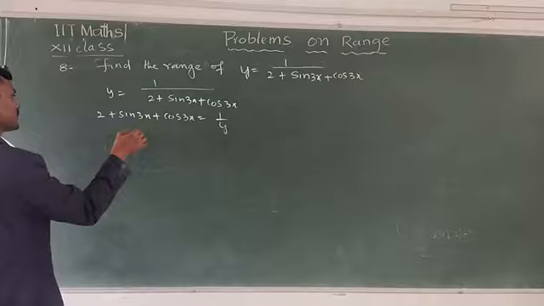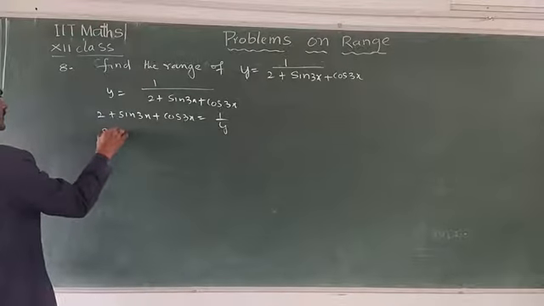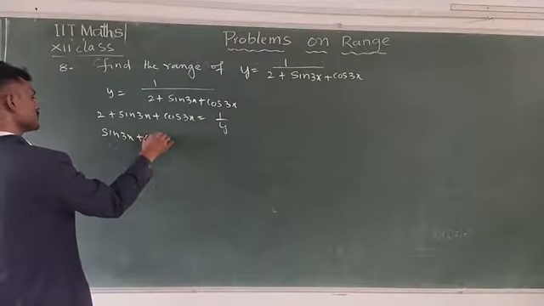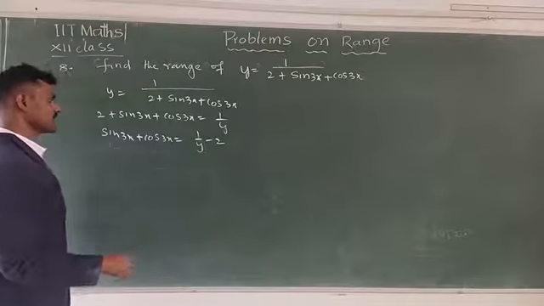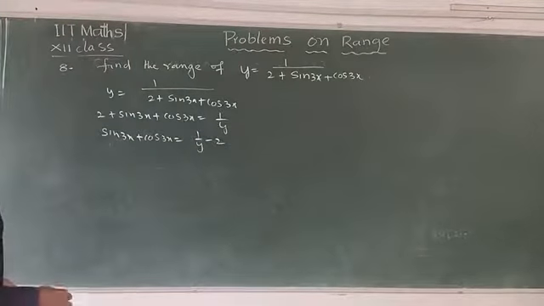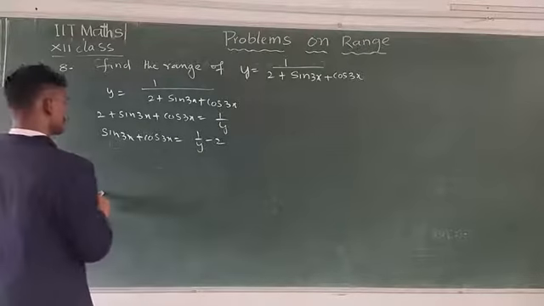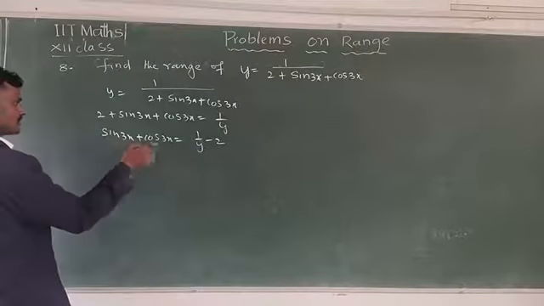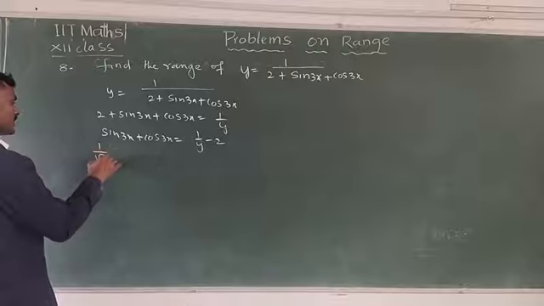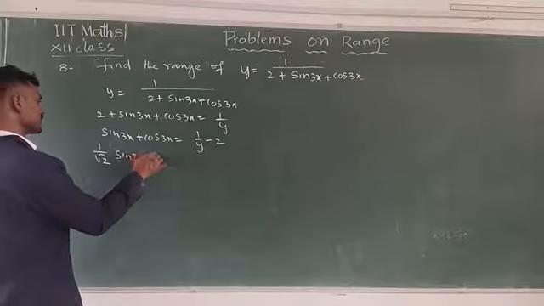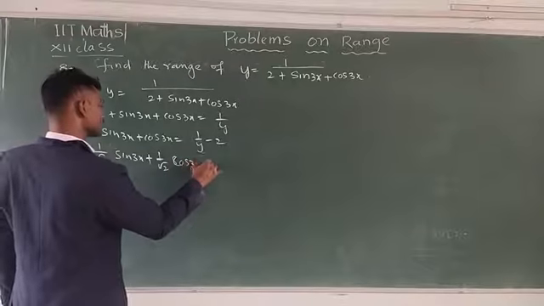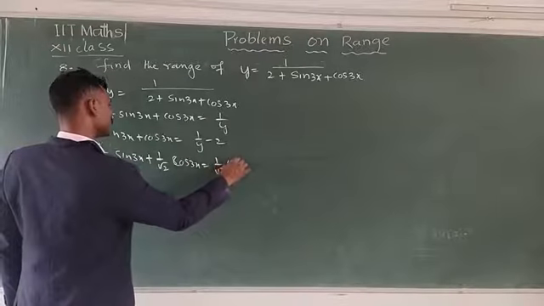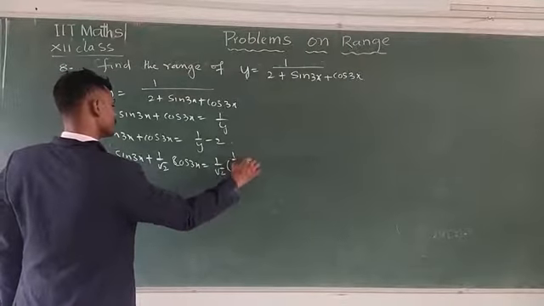Now send this 2 to that side, then sin 3x plus cos 3x is equal to 1 by y minus 2. Now you can divide either side by root 2, otherwise multiply by 1 by root 2: 1 by root 2 into sin 3x plus 1 by root 2 into cos 3x is equal to 1 by root 2 into (1 by y minus 2).